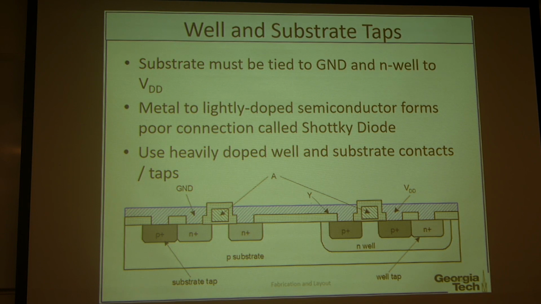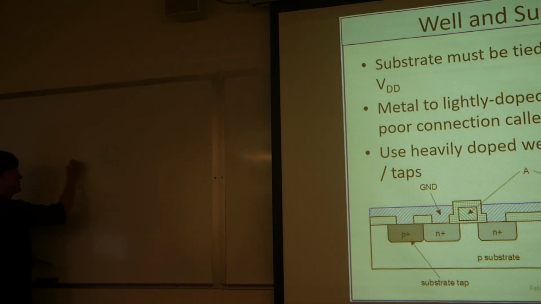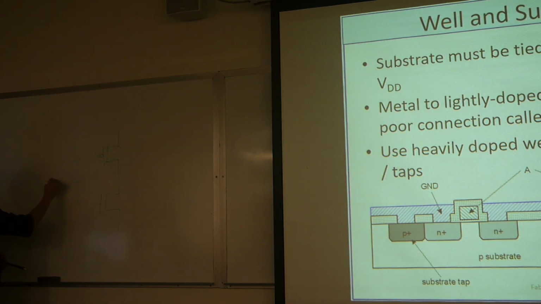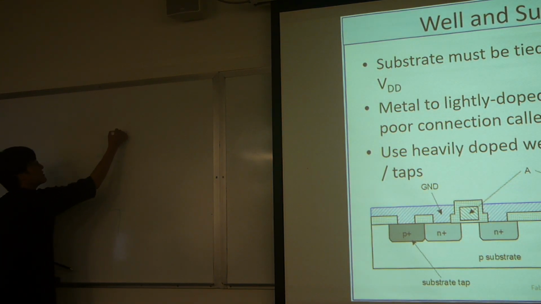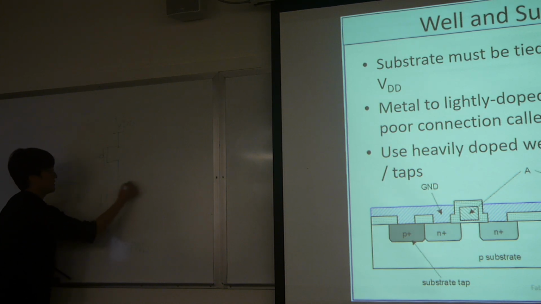It is way easier to understand the inverter operational scheme by looking at the inverter circuit. So if you recall, the inverter looks like two MOSFETs put together, and there is an input here, a supply voltage, a ground, and an output.